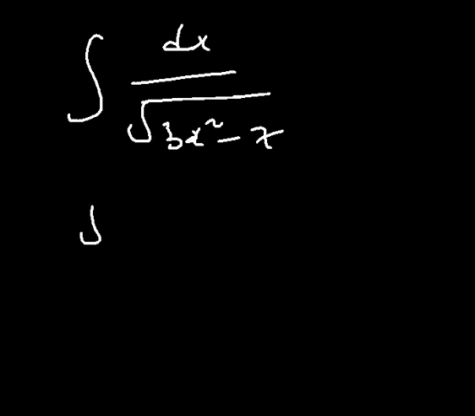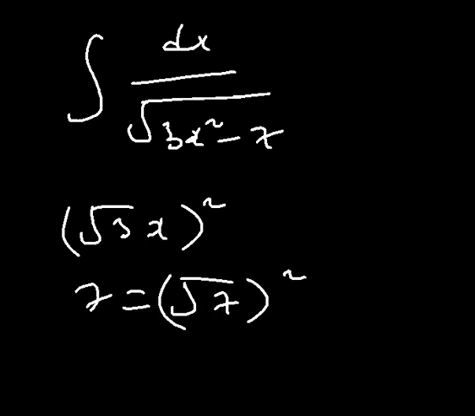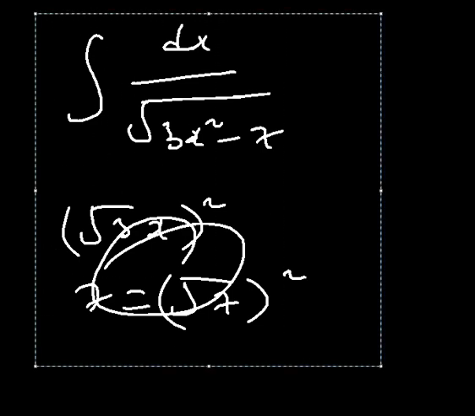Therefore, we write it as the square root of 3 times x, to the power 2, and also 7 is the same as the square root of 7 to the power 2. So take it from there. We should see your ability there. So that's how we start to understand the basic ideas behind trigonometric substitution. Thank you.